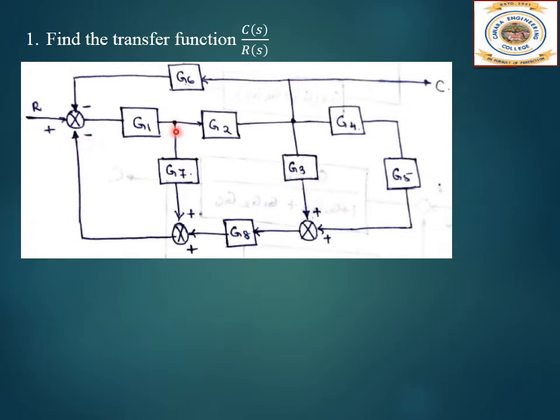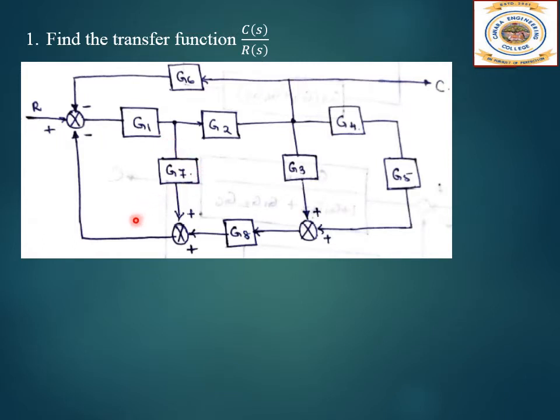Coming to this takeoff point, it also will come from here. Then we have this G7 arrow coming to the summation, and from here it goes to this summation point itself. So this is one more feedback path. This is plus and this is minus, so it will become a negative feedback path. I have just briefly explained how the connections are.